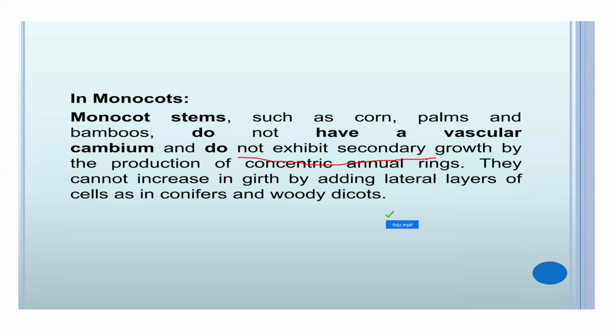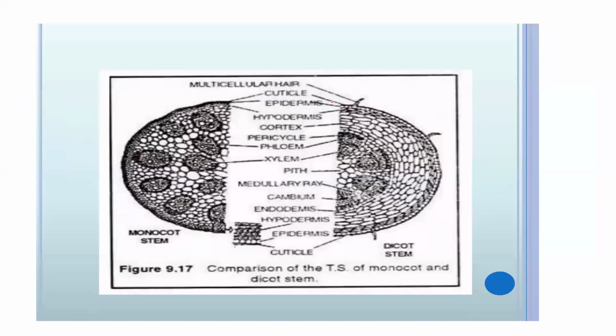They cannot increase in width by adding lateral layers of cells as in conifers and woody dicots. Here is the internal structure of the dicot and monocot stem. In the dicot stem, the cambium is present between the xylem and phloem. But here the vascular bundles are scattered in the ground tissue. The cambium is absent in the monocot stem.